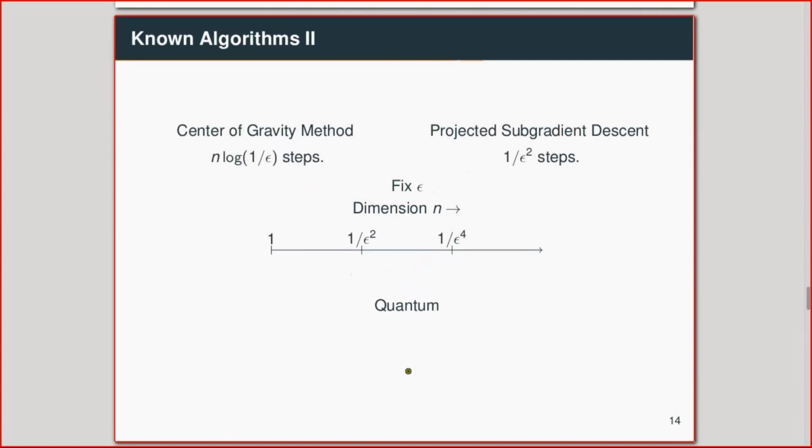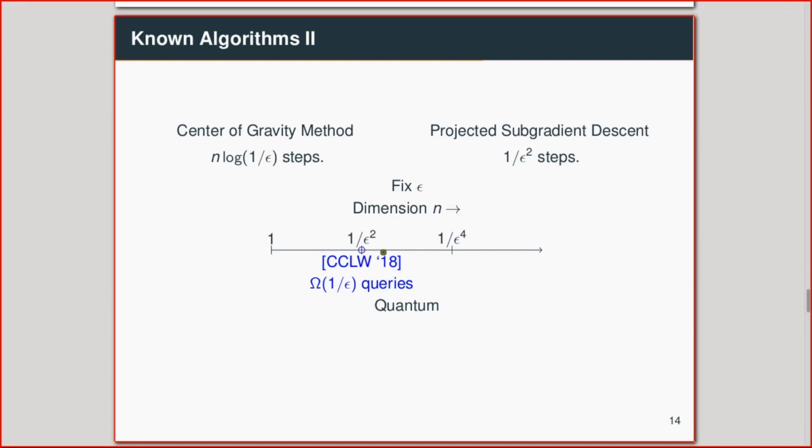Okay. So now this brings up the question, what is the state of gradient descent for quantum? So we know from a recent paper that there is an omega 1 by epsilon lower bound, which kicks in when n is equal to 1 by epsilon squared.